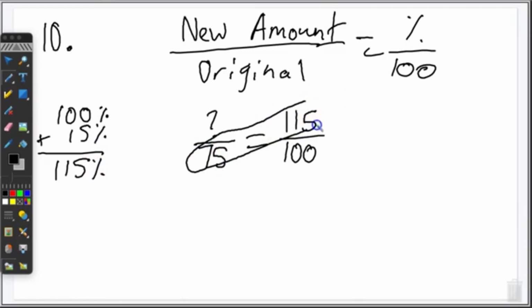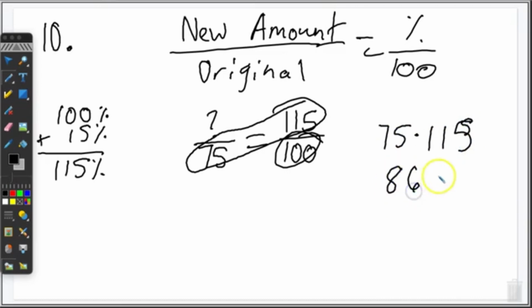Bat and ball. Draw your bat. Draw your ball. Multiply the bat. 75 times 115, and we get 8,625.